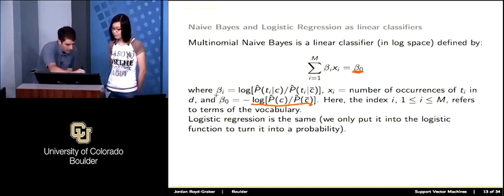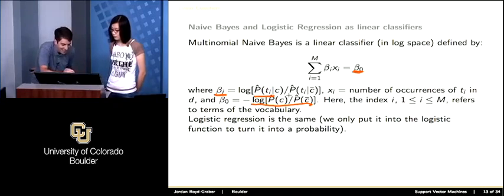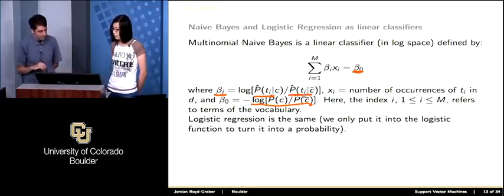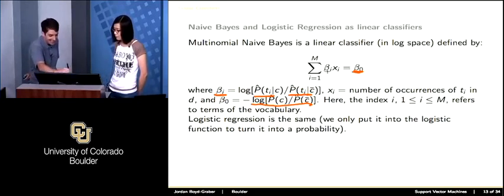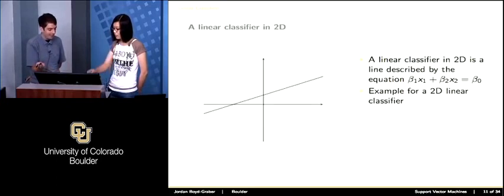And then our terms that we use in the dot product are the probability of a term in a class given the class and the probability of the term in the other class. And so this is exactly the same linear classifiers that we were working through here, formulated in naive Bayes.